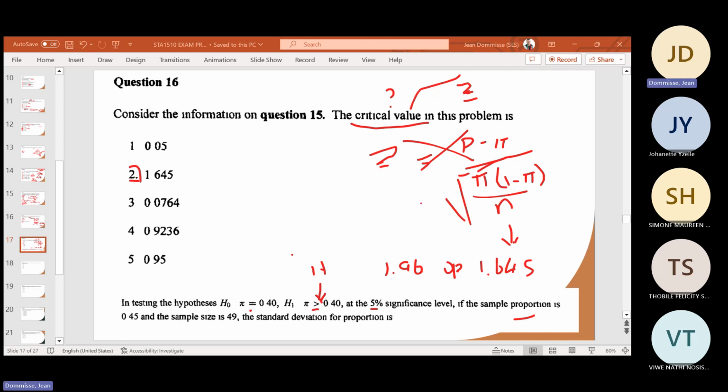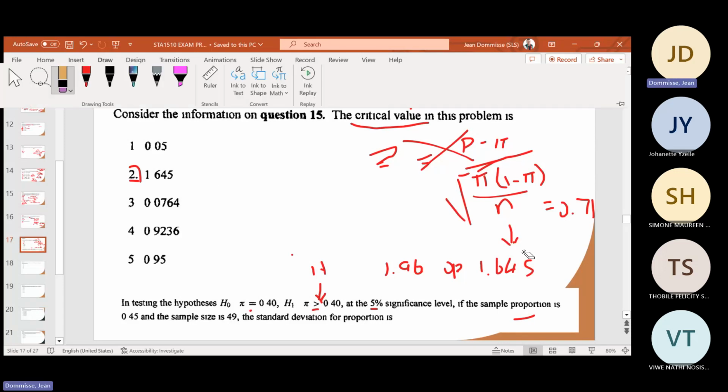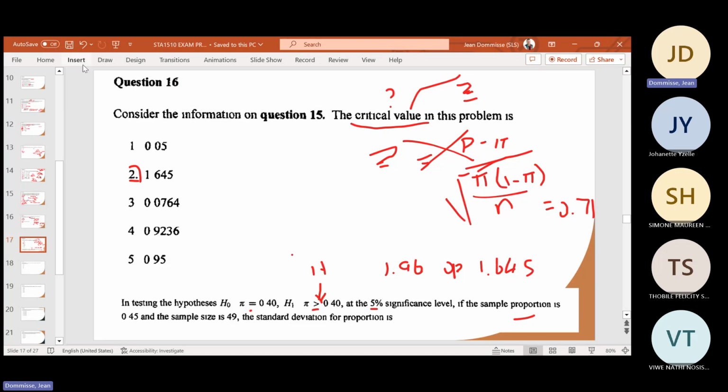And then if I divide the two into one another, I get 0.71. I don't know if somebody else also got that. Okay, cool.